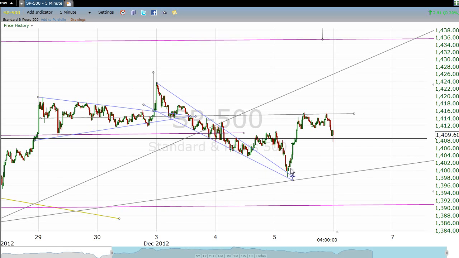So we could say potentially we had three little lines here that all kind of converged there, and that's where the S&P experienced a pretty decent bounce, moving from 1398 to 1415 pretty quickly.